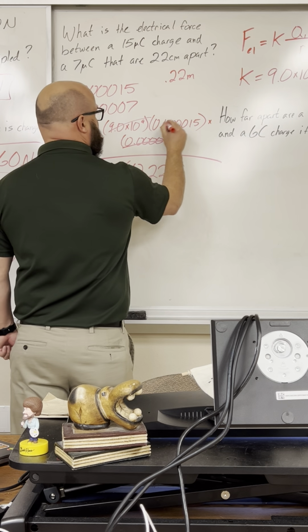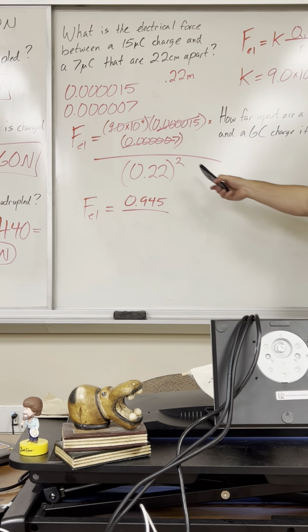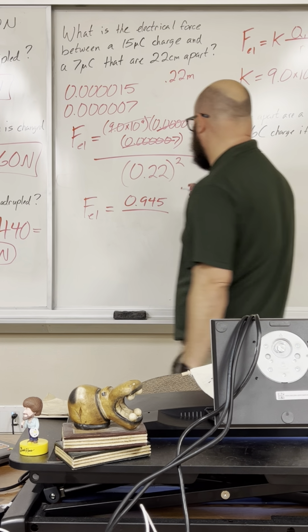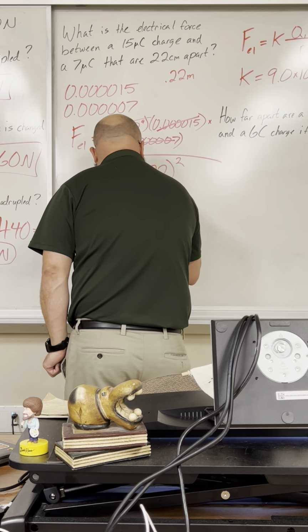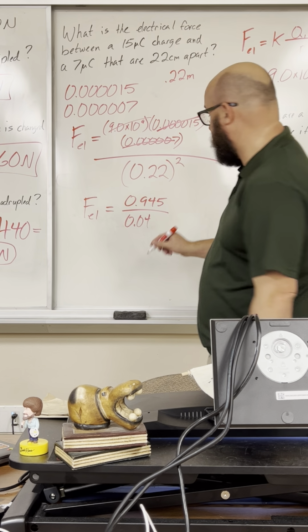When we multiply these three values together, now multiply the radius squared. We get 0.0484.